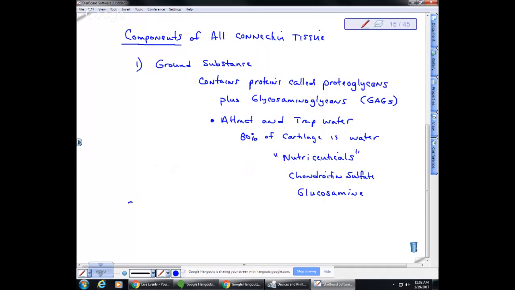The other thing that is found in our matrix, so the ground substance makes up part of the matrix. The other thing that we find is fibers. Okay. And fibers are structural proteins versus like globular proteins, which dissolve in water.